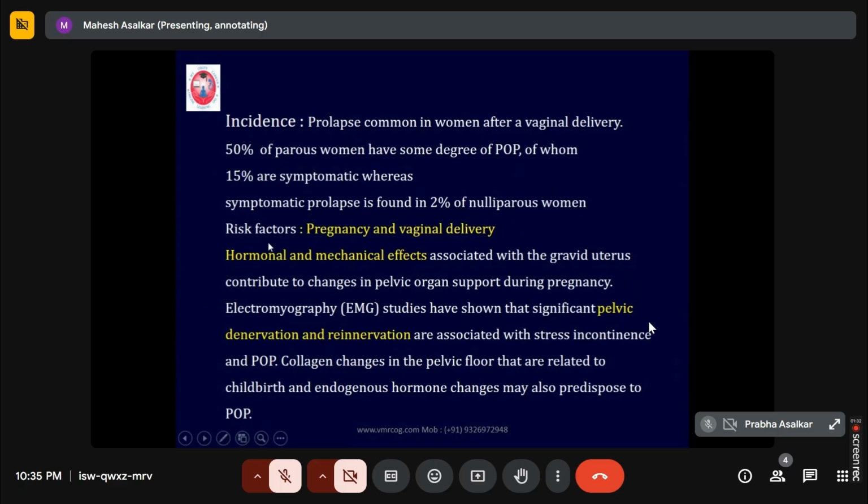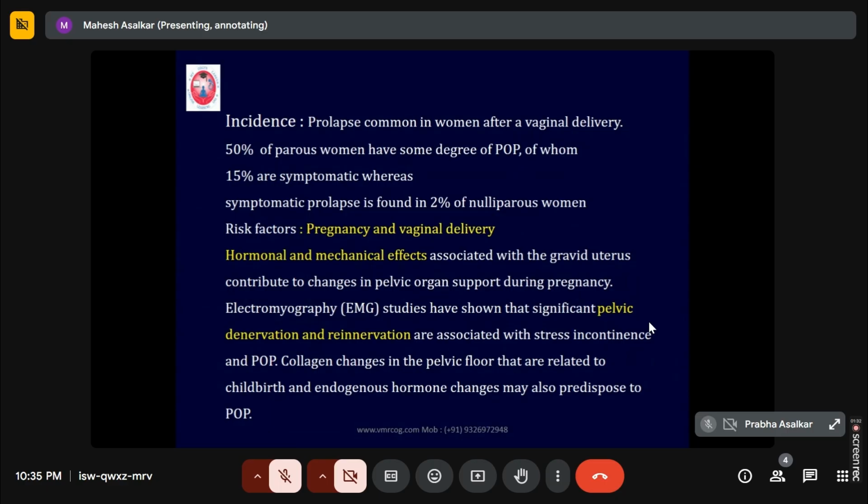The risk factors are pregnancy and vaginal delivery. Hormonal and mechanical effects can be there. Pelvic denervation and reinnervation are associated with stress incontinence and POP.